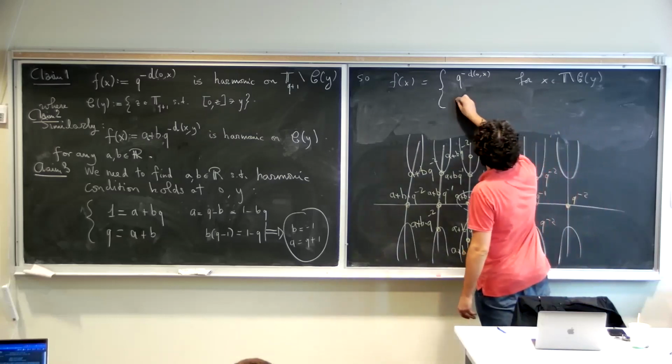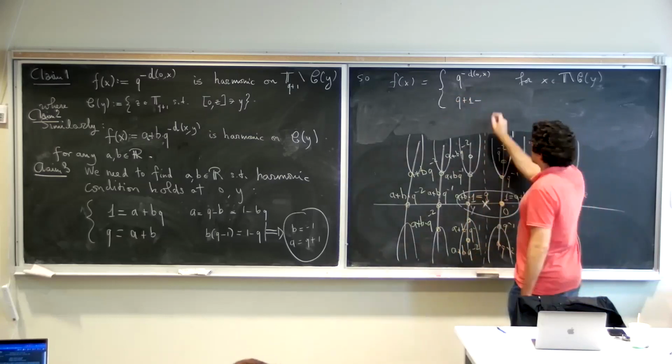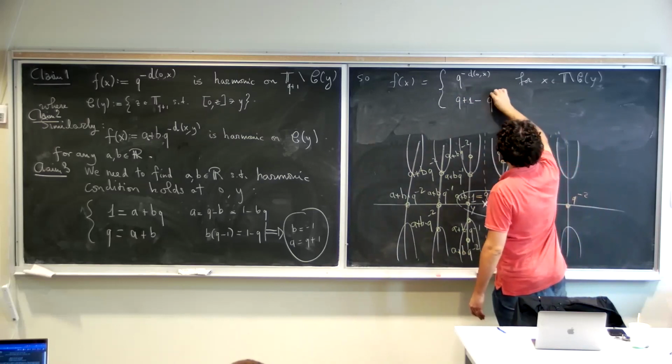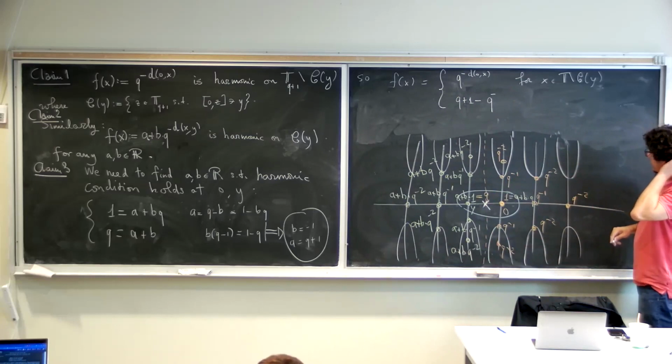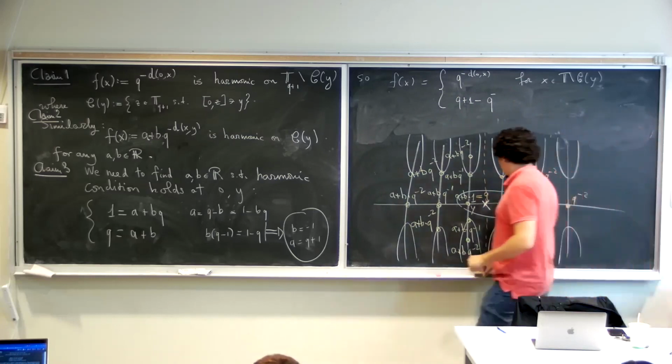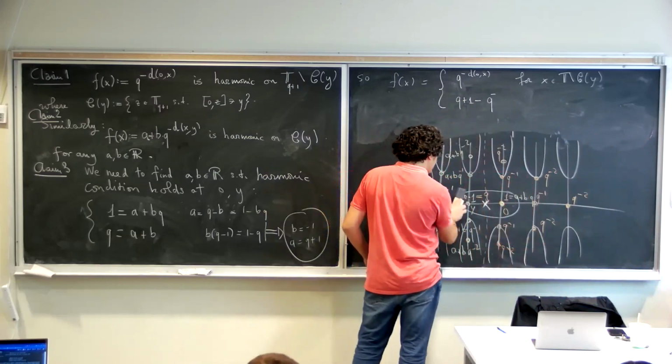And then on the left hand side of the tree, you have q plus 1 minus q to the minus, okay, to be sure, let's rewrite this precisely, right?